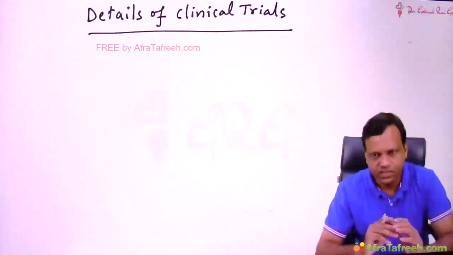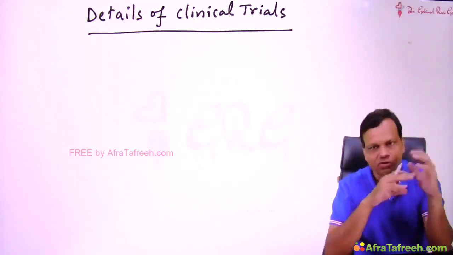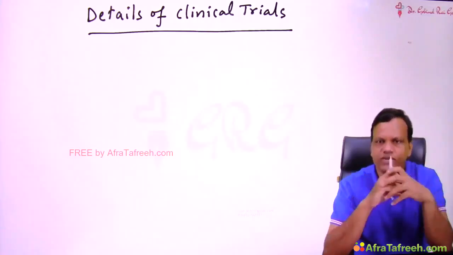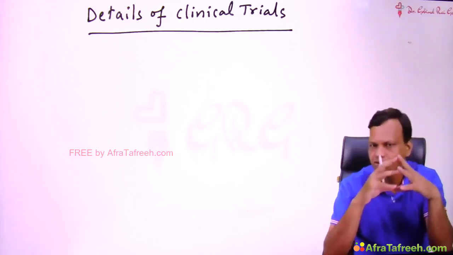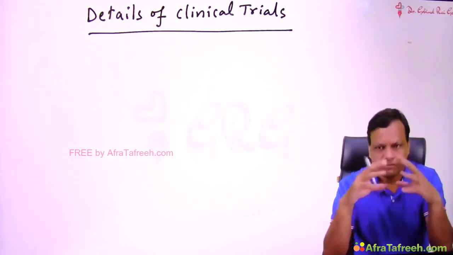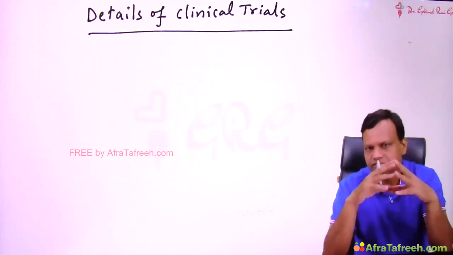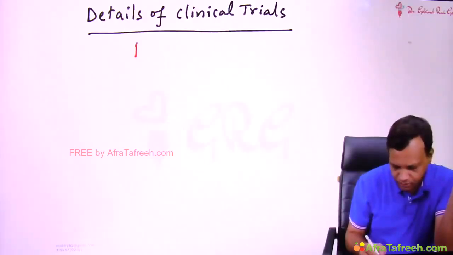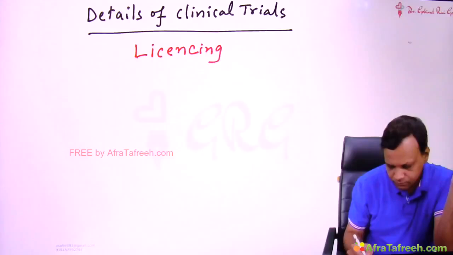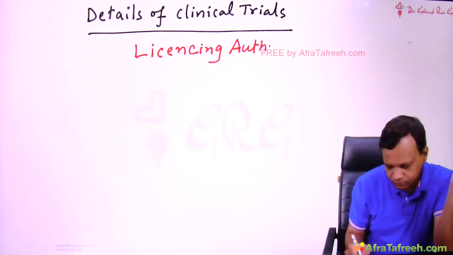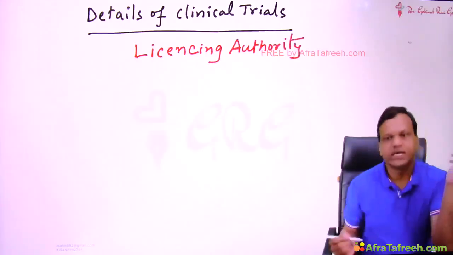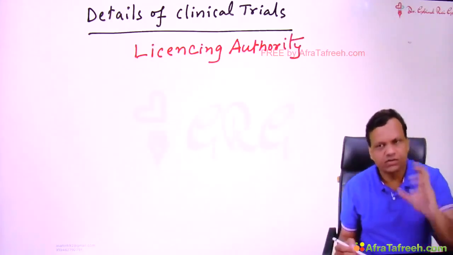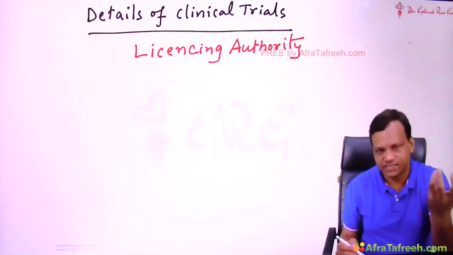So we have discussed the basics of clinical trials already. So here we would like to discuss a little bit of detail about the clinical trials. First of all, we would like to understand some regulatory authorities. There is a term known as licensing authority. Licensing authority means which has the power to give license.